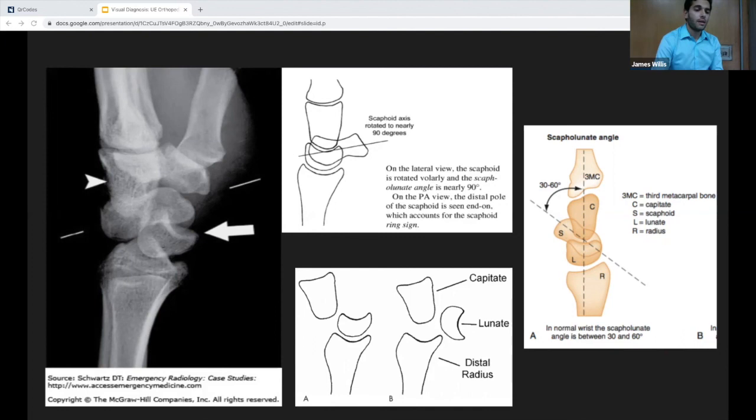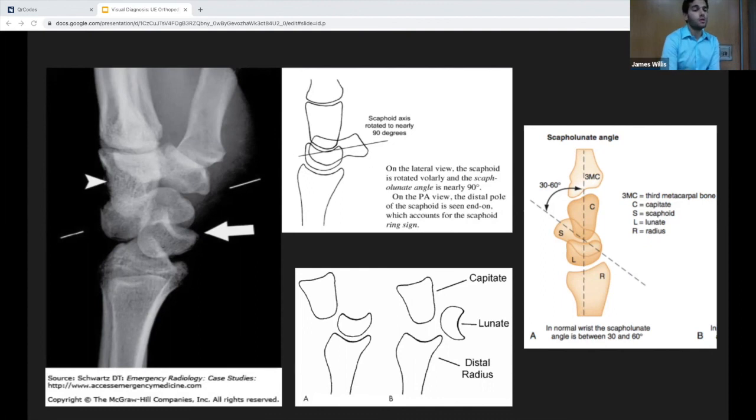So in figure A, that's what Gimli suffered, right? His capitate's off center while his lunate and distal radius maintained that articulation. If it was the lunate that was at fault, then we would see this image where this lunate would spill over and it would show that teacup sign that we see a lot in textbooks.